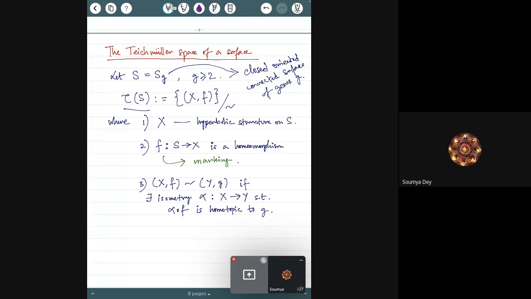Also, are these hyperbolic surfaces with a puncture? With one puncture, can you get them to be hyperbolic?